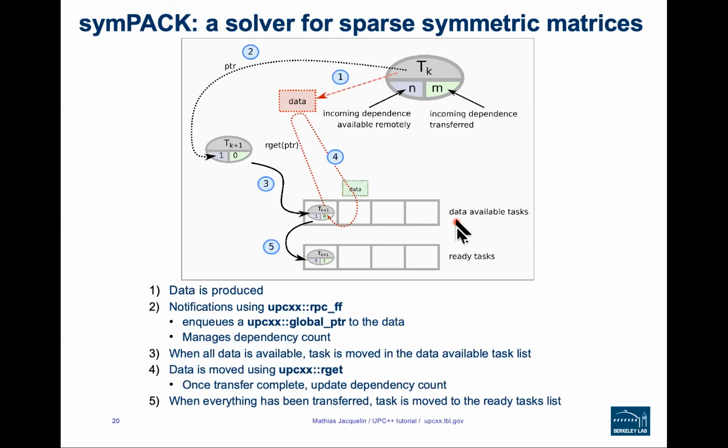Once the transfers are complete, the dependency count is updated, and when all the data has been moved, the task is moved into a list of tasks which are ready for execution. So as you can see, we are involving an RPC call, which corresponds to step 2, and then a one-sided remote get, a remote memory access, to fetch the data. This is basically how the communications are orchestrated in SIMPACK.